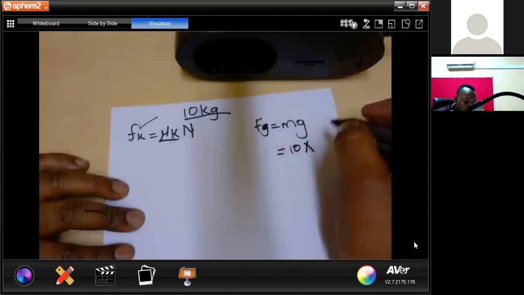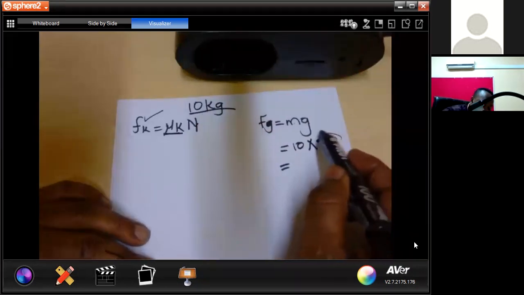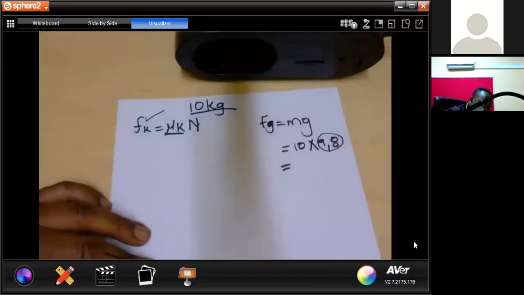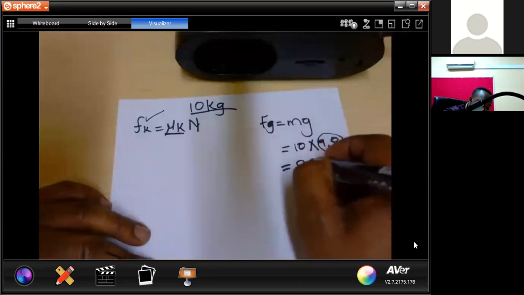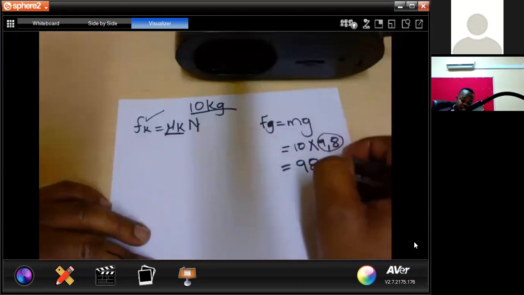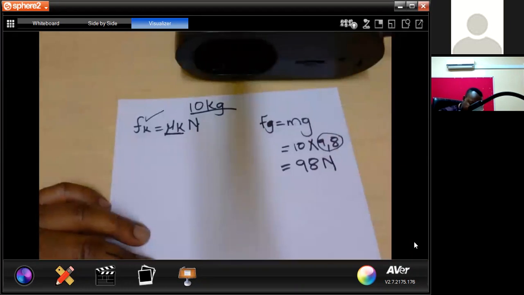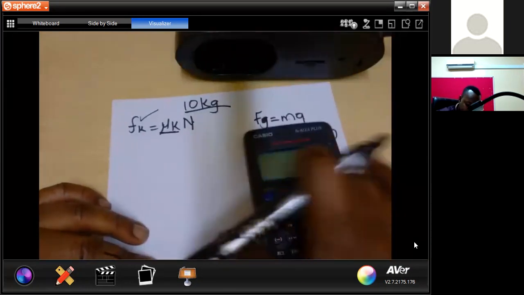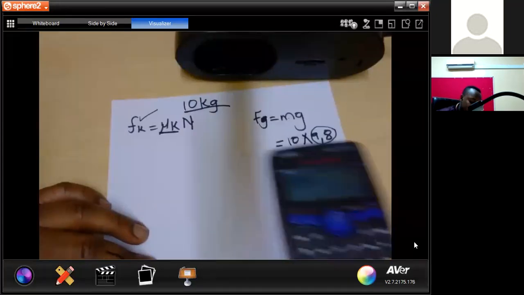And all of you know very well that this value you are going to get from your data sheet, right? And it will give you 10 times 9.8. That should give you 98 newtons, right? Simple calculations, my dear learners. 10 multiplied by 9.8, that gives you 98.